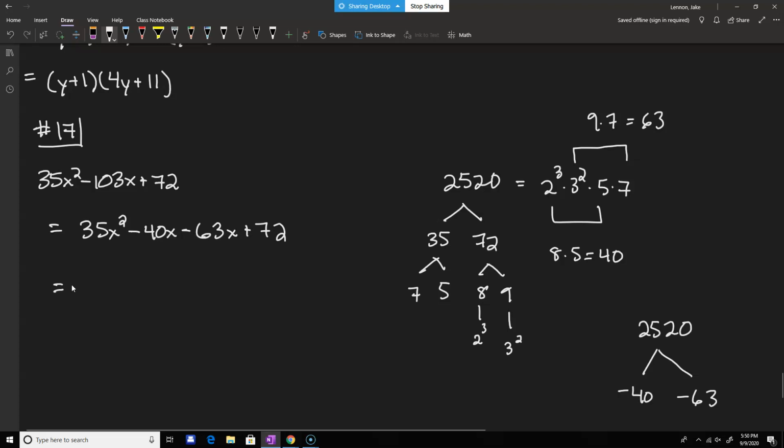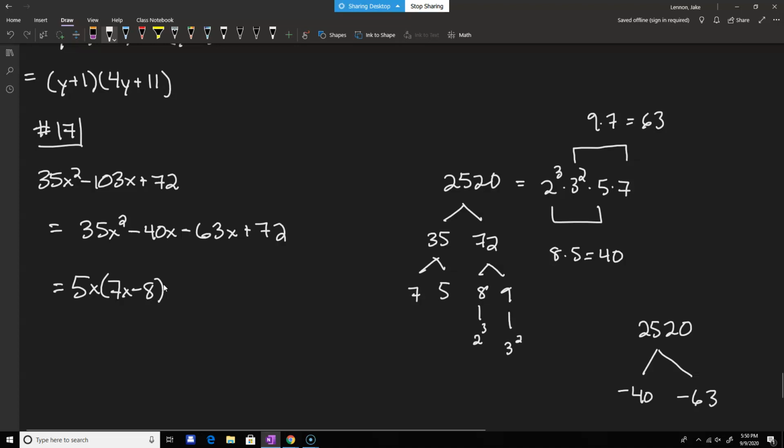So 35x squared and 40x, you can take out a 5x from each of those. So if you take out 5x, we're left with 7x minus 8. And then 63 and 72 are both divisible by 9. But if we took out 9 as is, we would get minus 7x plus 8.